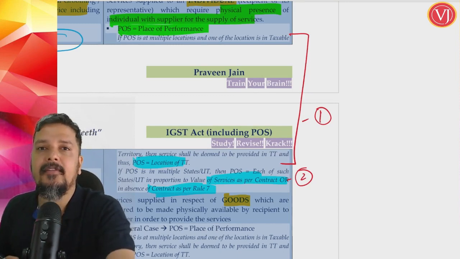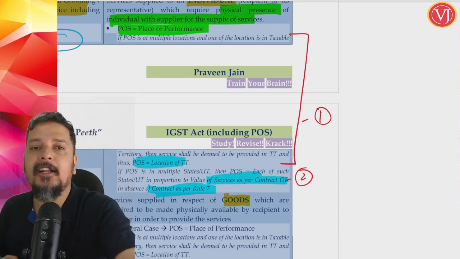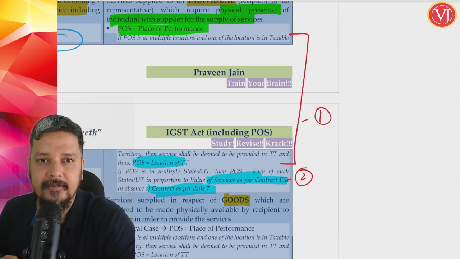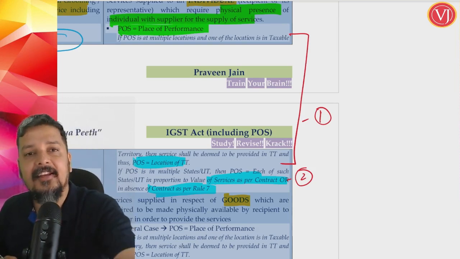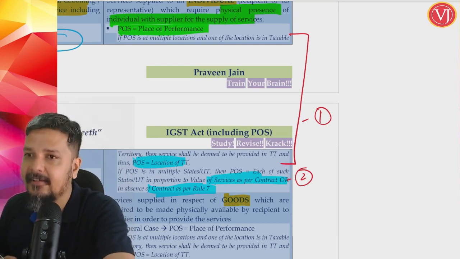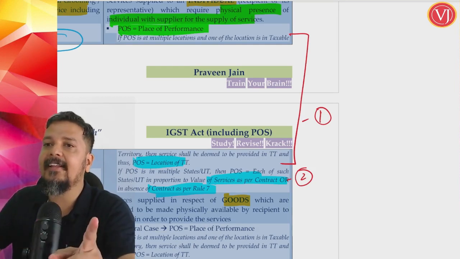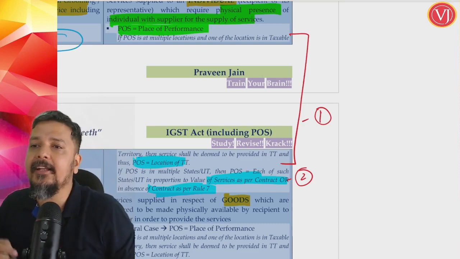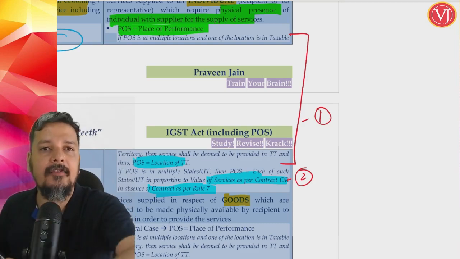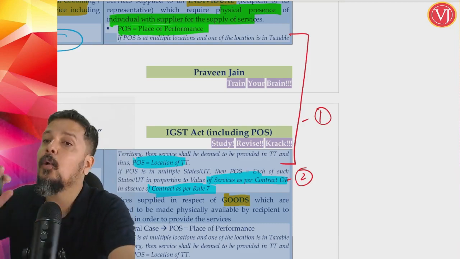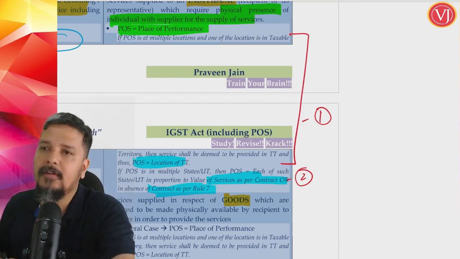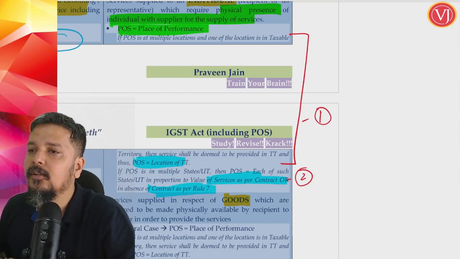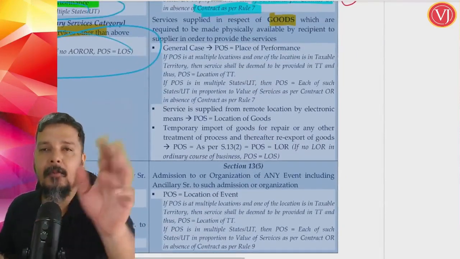Now, the problem is performances can be in multiple states even under Section 12. But there they don't have any rules. But in Section 13, if you get multiple answers, understand that if it is partly outside India, partly in India, forget about outside India, focus only on India. They will totally ignore outside India. Within India, multiple answers, go with the contract value split or go with Rule 7. That is all about the individual part.